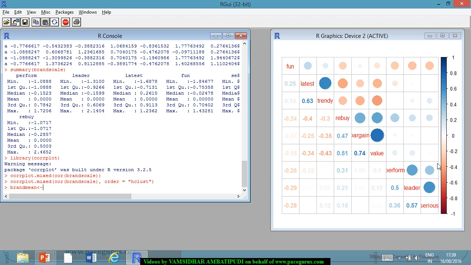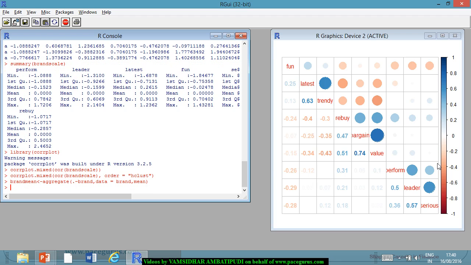I want to take the aggregate of all the variables across the brands, where the data that I am considering is the brand data frame. From that data frame, I want to aggregate all the variables based on the brand, and what I want to compute is the mean.